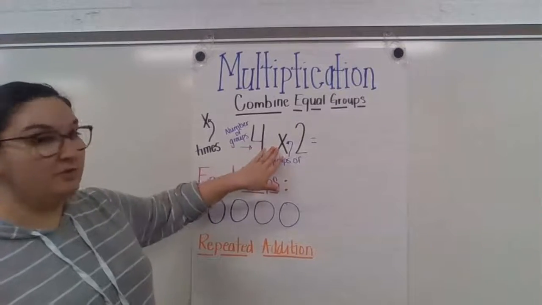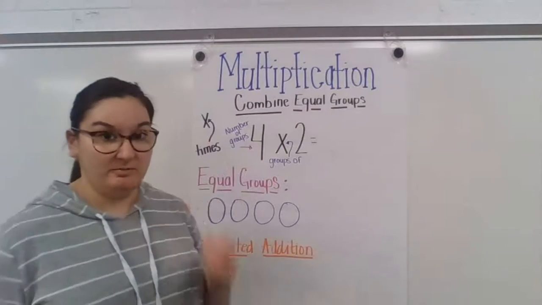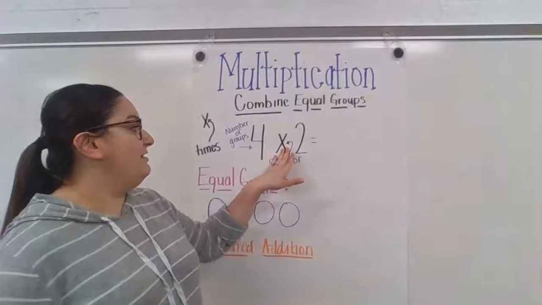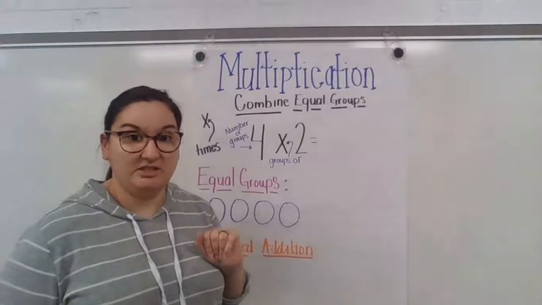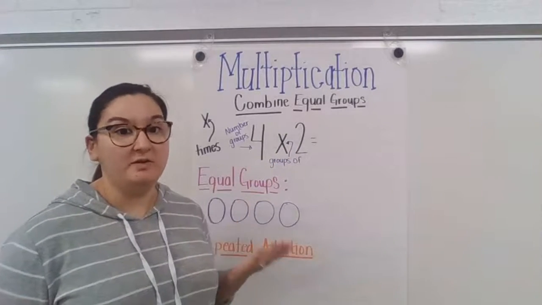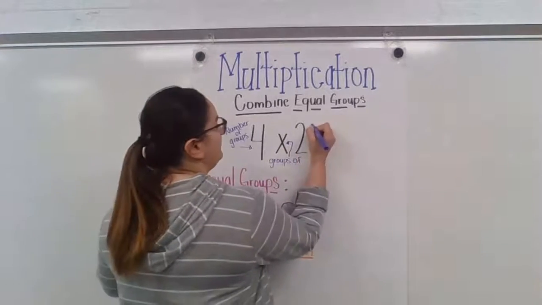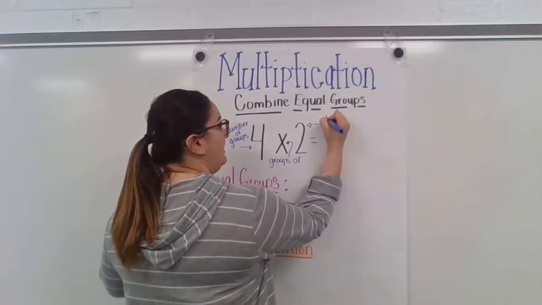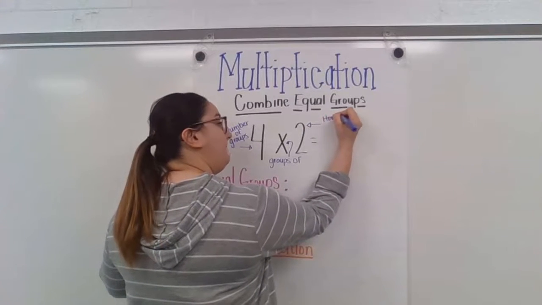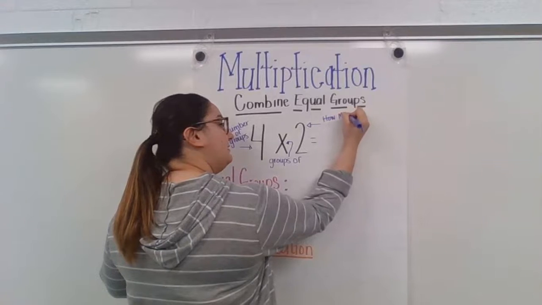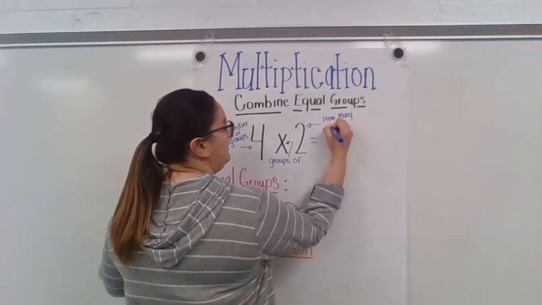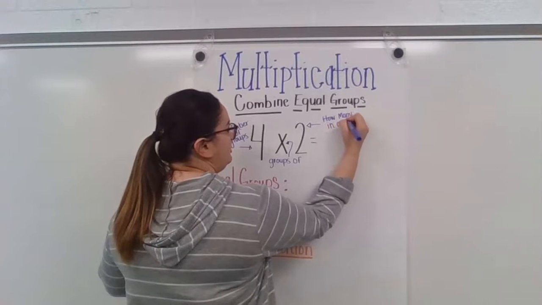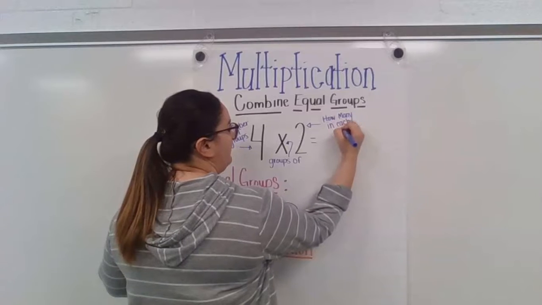So the number before the multiplication sign tells us the number of groups we need to have, and the number after the multiplication sign tells us what's going in each group. So this number tells us how many in each group.